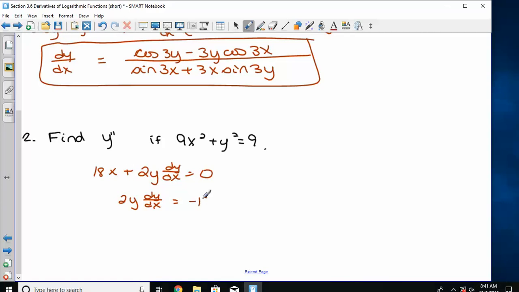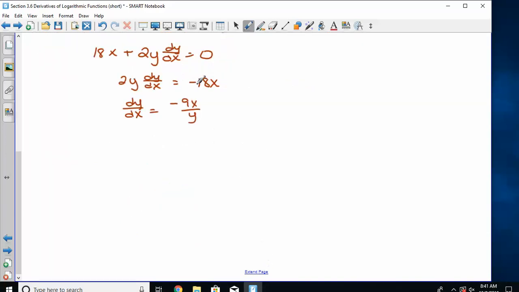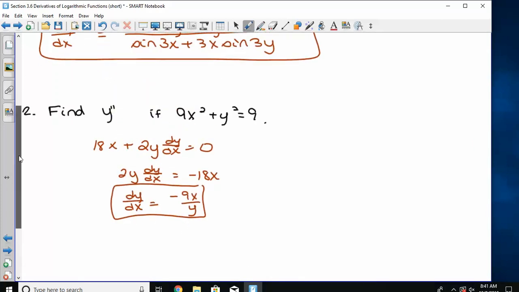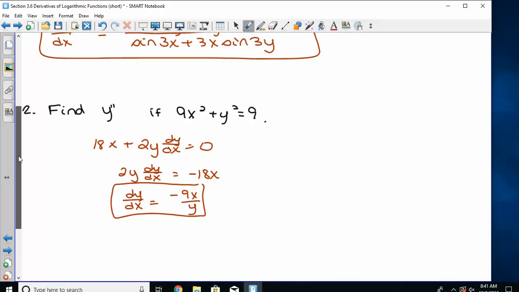Subtract over the 18x. Divide by 2y. We can review. So your dy dx is negative 9x over y. Yes. Would we not have been able to solve it? You could have, and then done your derivative twice from there.